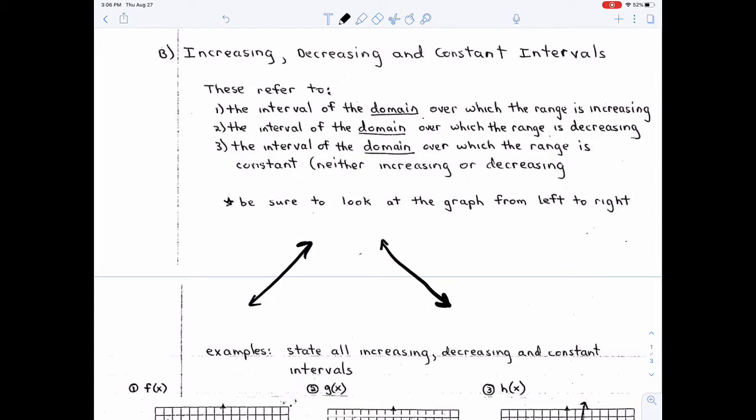Good. When it's constant, it's flat. Good. But what's going up? What's going down? What's flat? It's the y value, okay? The y value is getting bigger. The y value is getting smaller. The up and down variable is y.